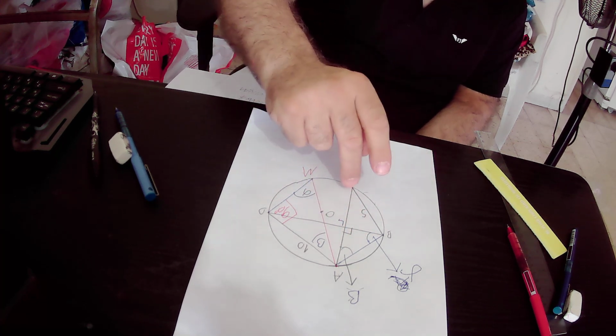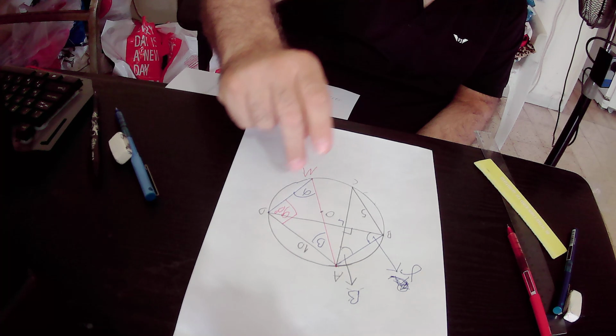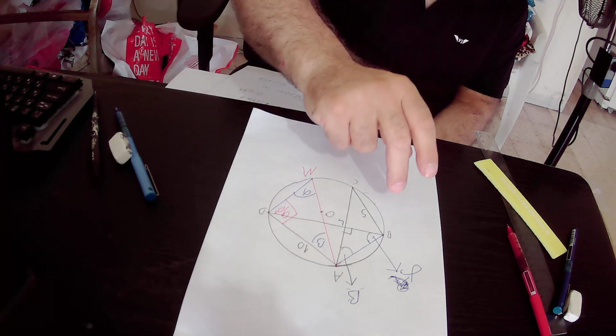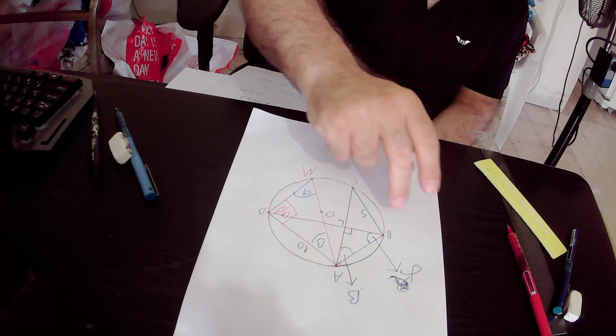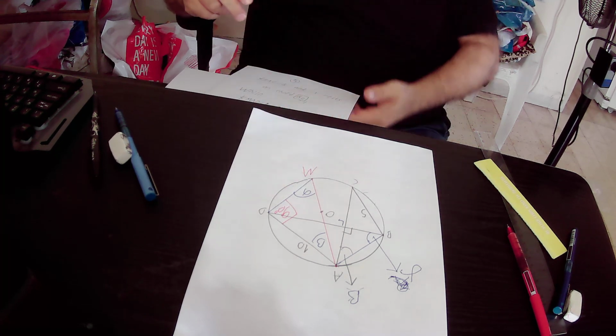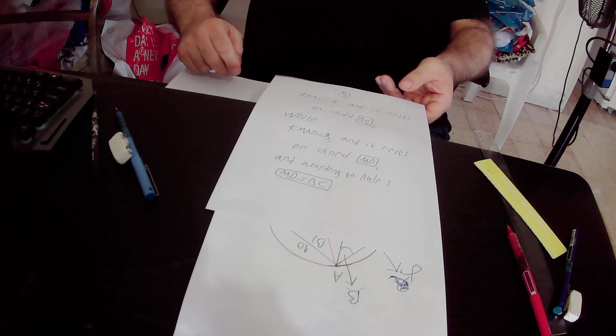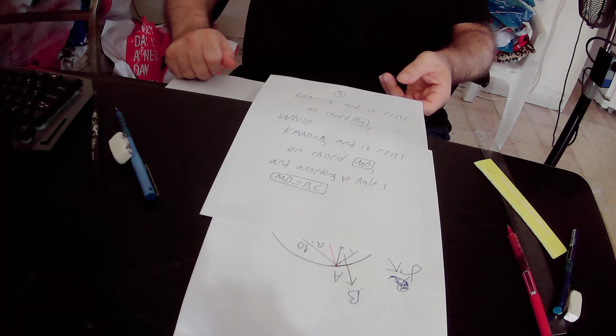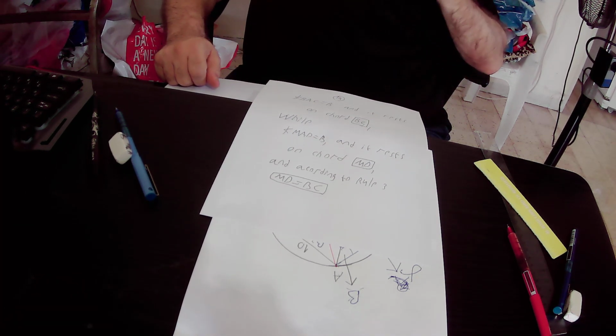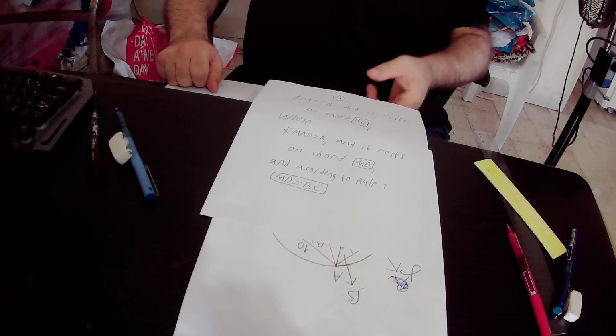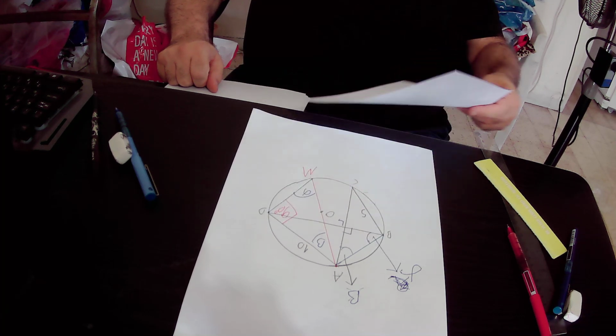So BC equals MD, or MD equals BC. According to rule number 3, equal peripheral angles rest on equal chords, so MD equals BC.